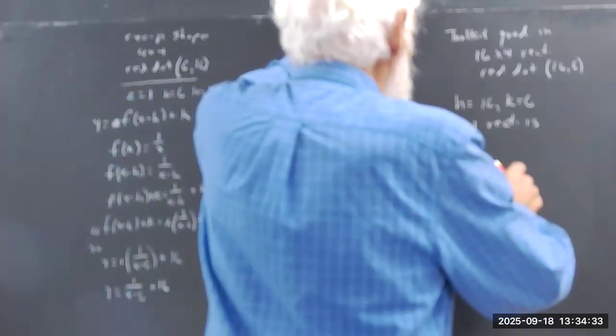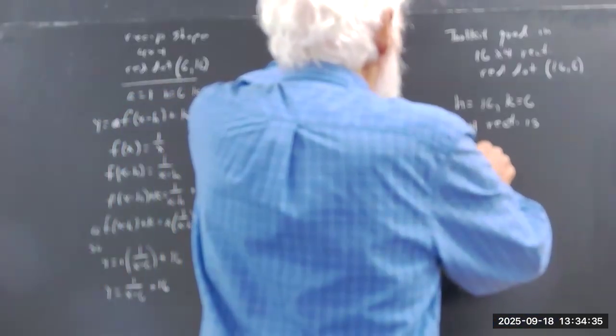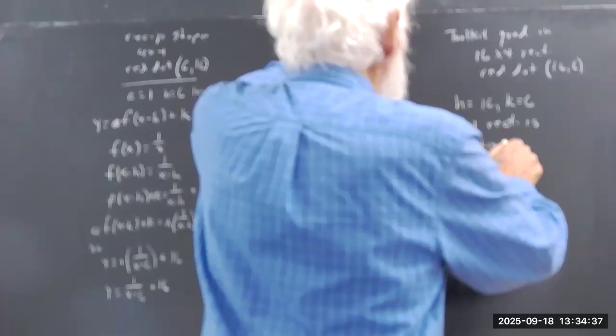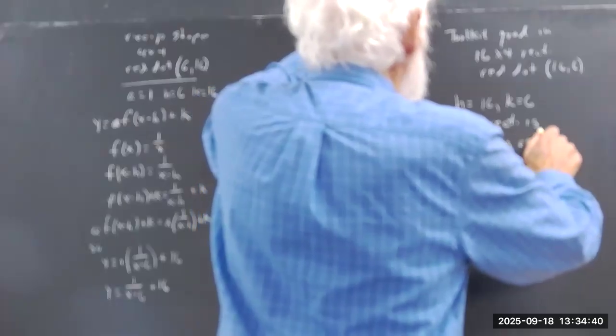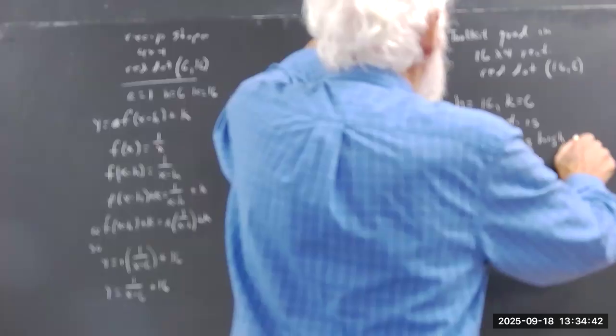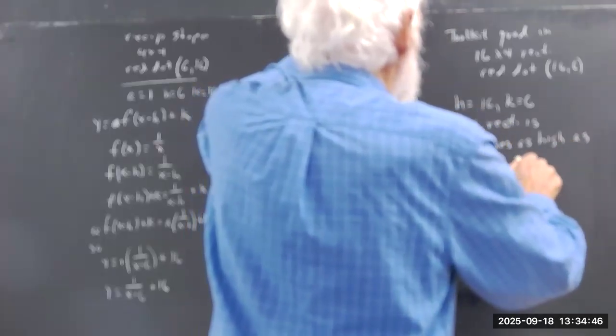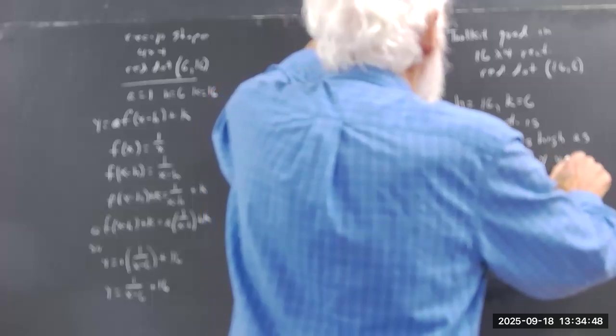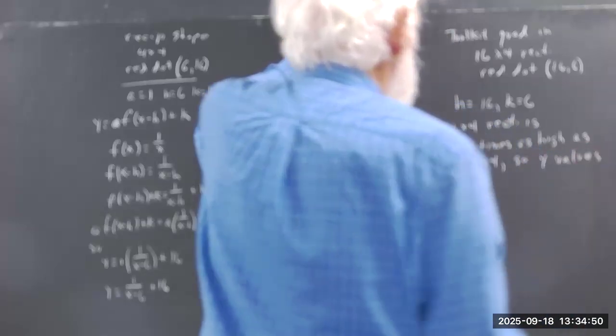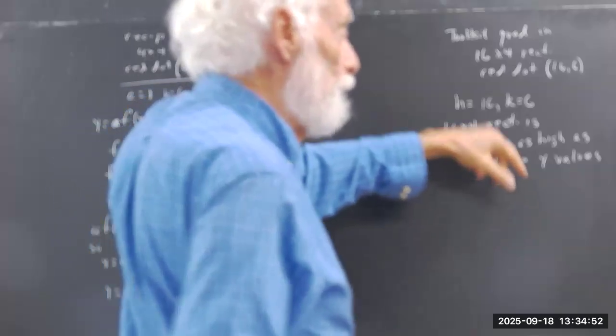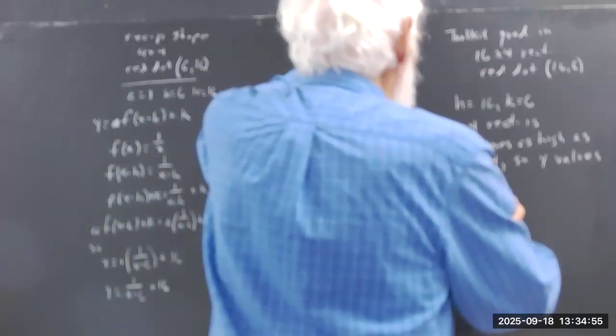A 16 by 4 rectangle is going to be 4 times as high, so your y values will be 4 times as great.